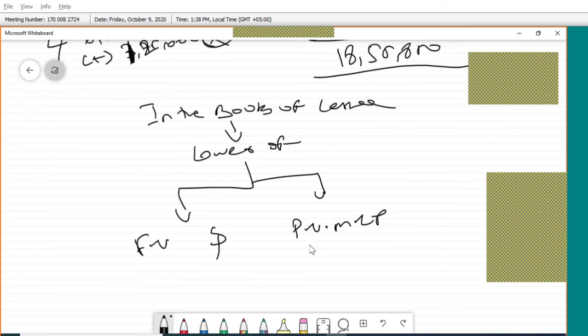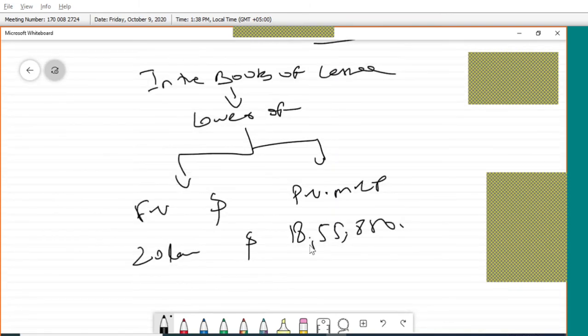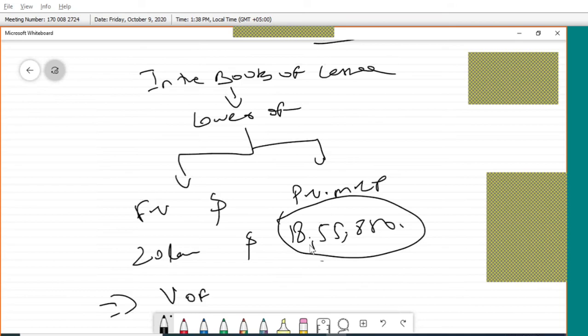Fair value is 20 lakhs and present value of MLP is 18,55,850. So for the value of the lease liability, the lower is this one, 18,55,850. So the answer is value of lease liability equal to 18,55,850.